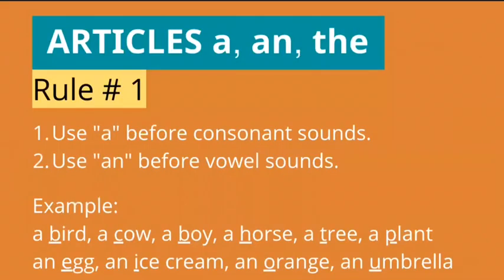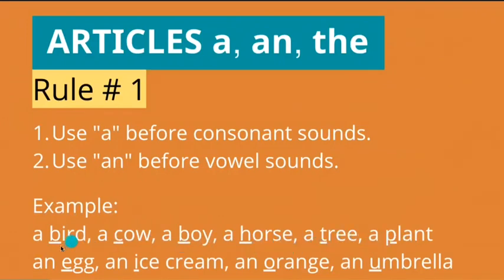So to begin with, we have the first rule, and that is to use a before consonant sounds, and then the second one, use an before vowel sounds. For example, we have here a bird, a cow, a boy, a horse, a tree, a plant.